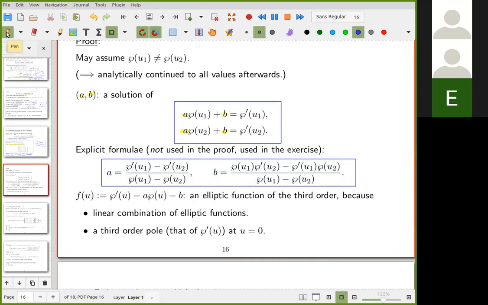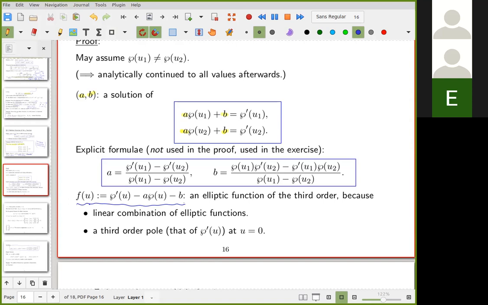Anyway, let's take a and b, which satisfy this equation, and compose such a function, such an elliptic function.